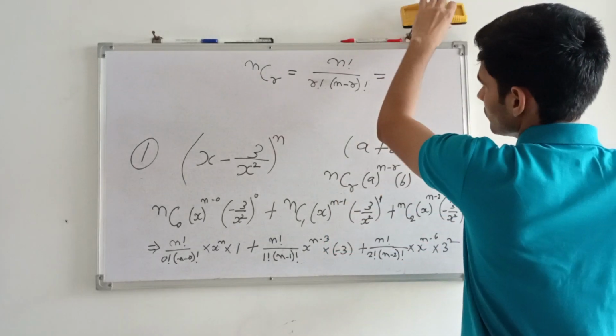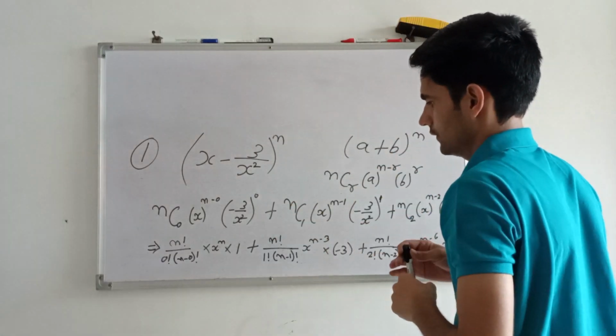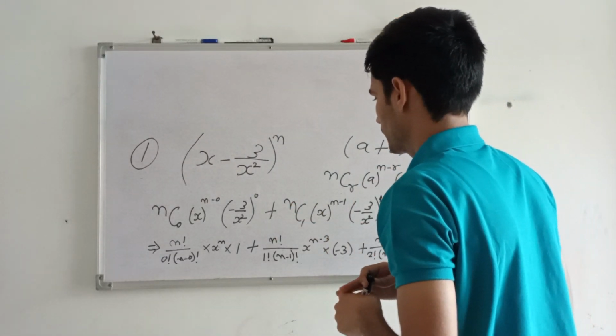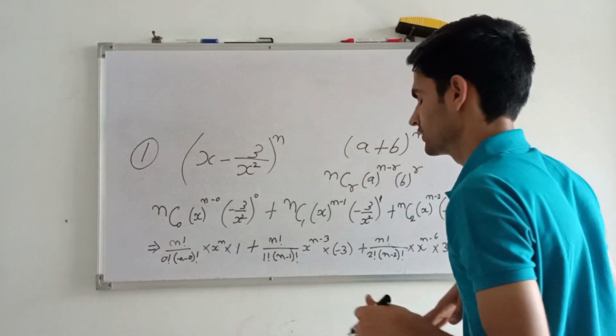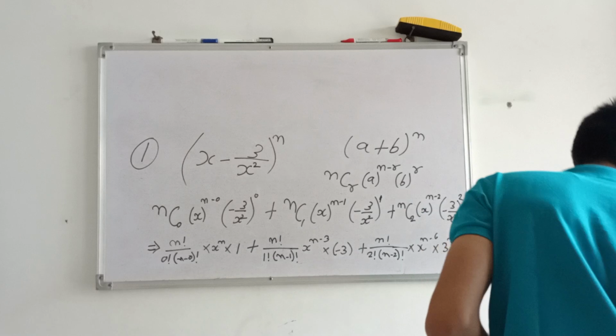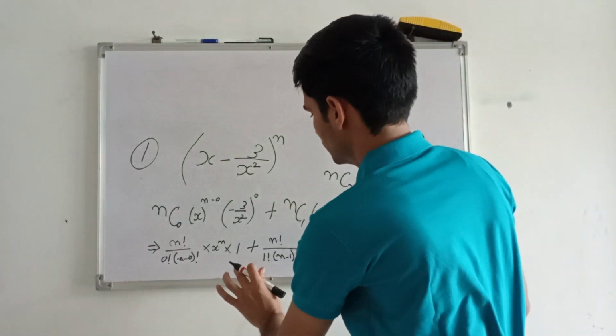Then next, what is given? It is given that the sum of coefficients is 376. Let me confirm. Yes, the sum of the first three coefficients is 376.